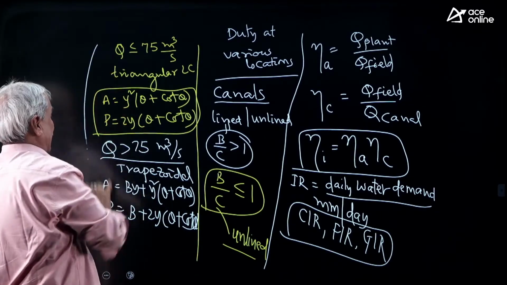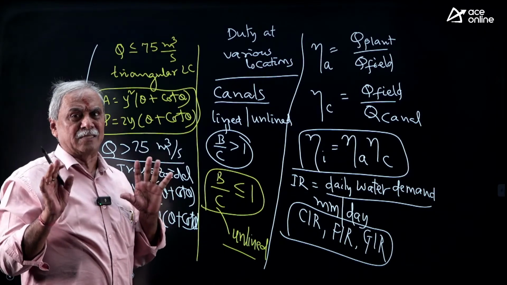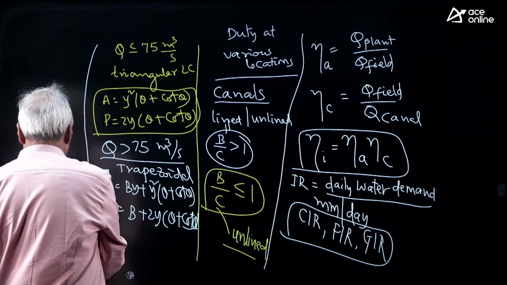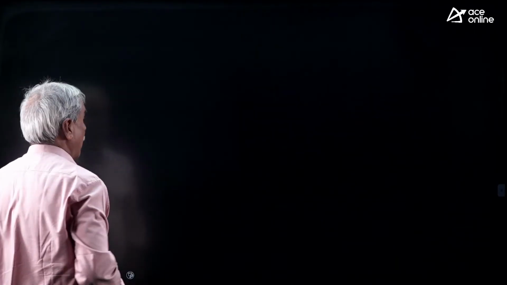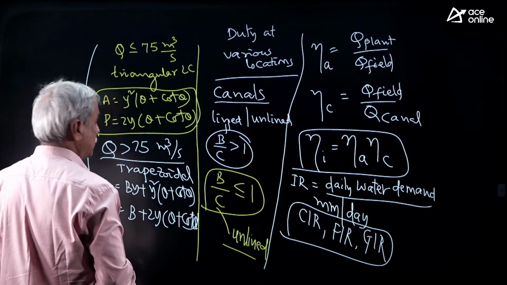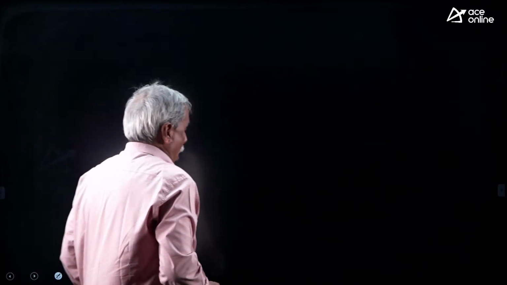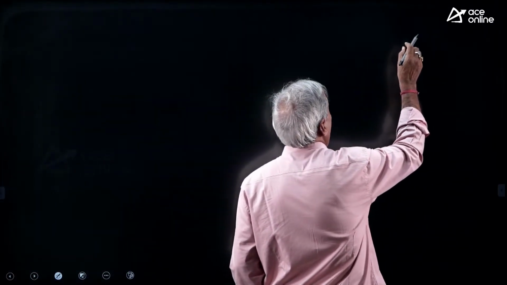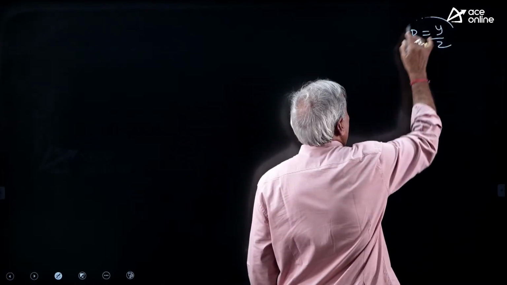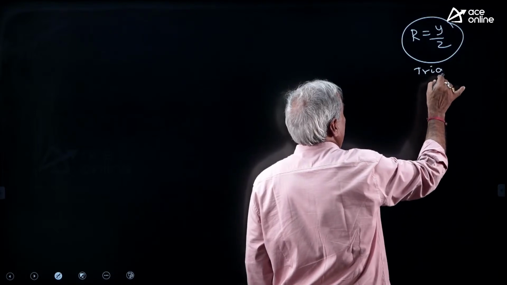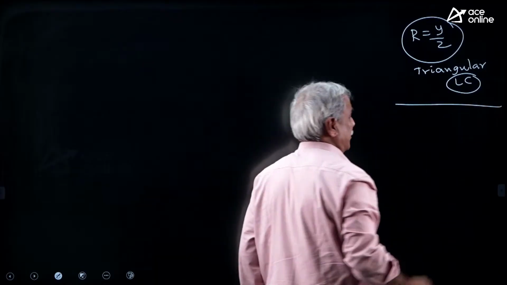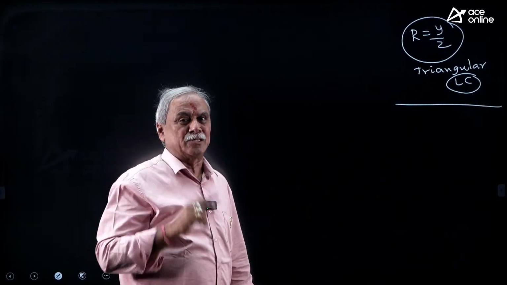These 4 formulas for lined canals are sufficient, you must remember. R value y by 2 is for a triangular lined canal, which is not valid for a trapezoidal lined canal. This is one important relation you should remember.